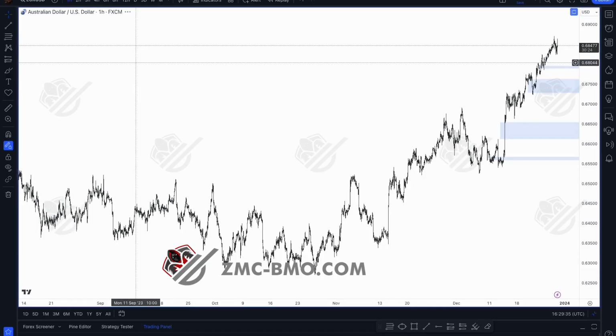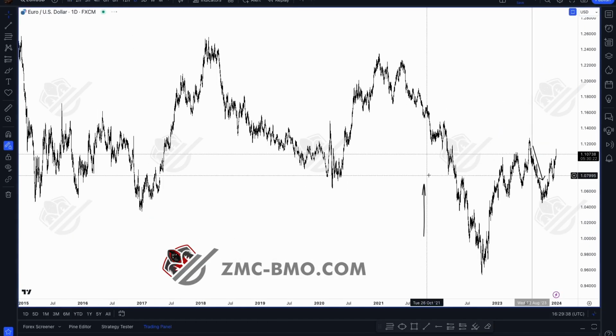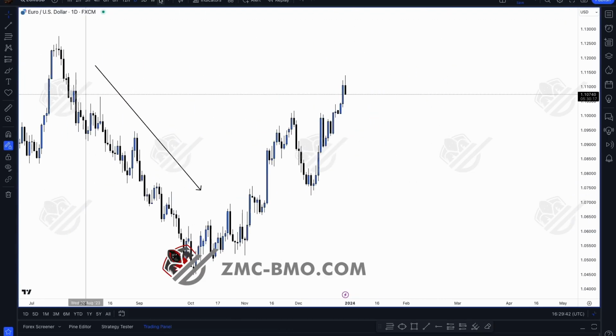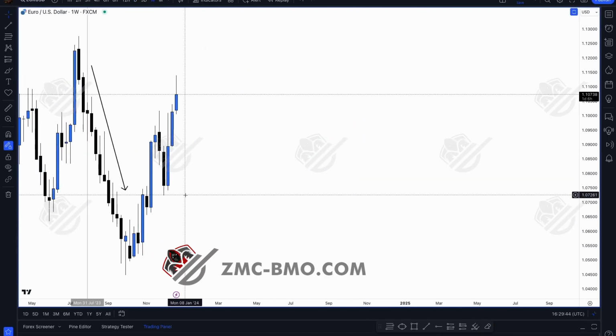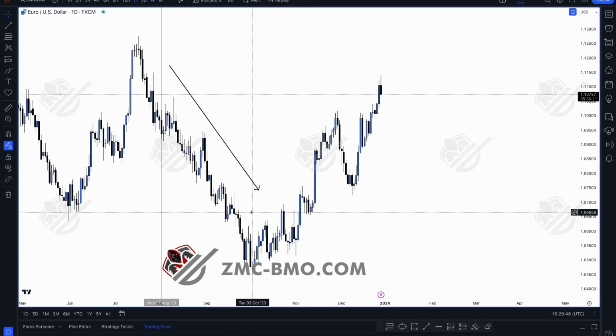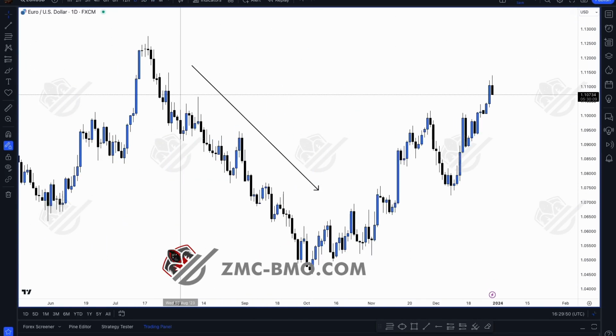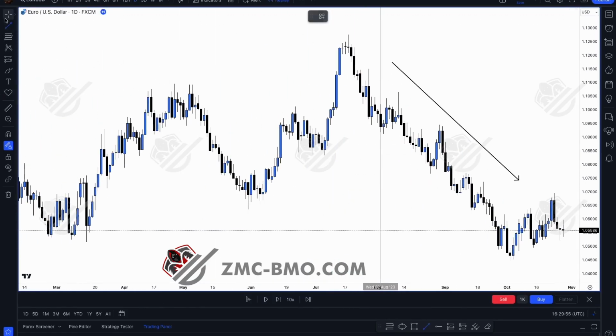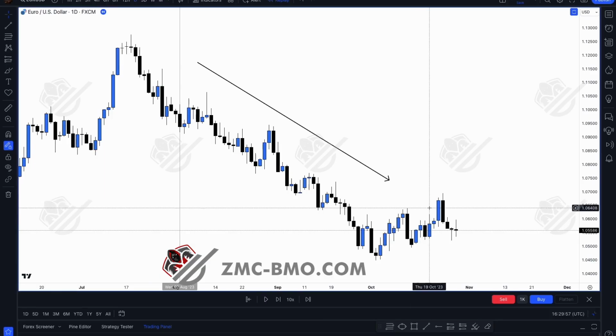So going to Euro USD, for example. If I go on here, start on the weekly, you can kind of see we just missed that weekly. There's probably a lower time frame order block within that. But nevertheless, go on the daily. If I replay that backwards, let's say here, it's just a random level, by the way.